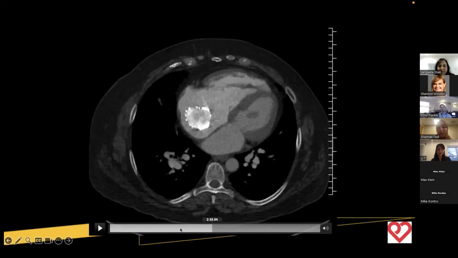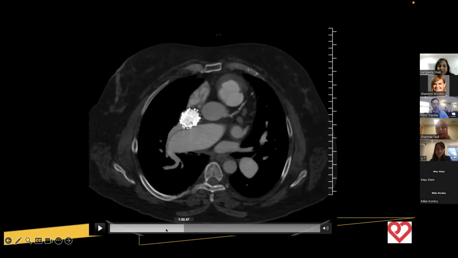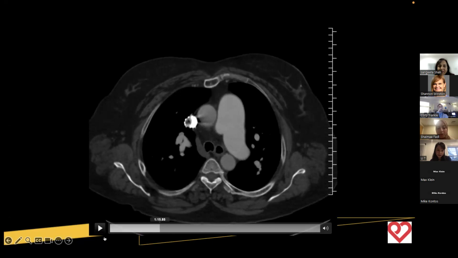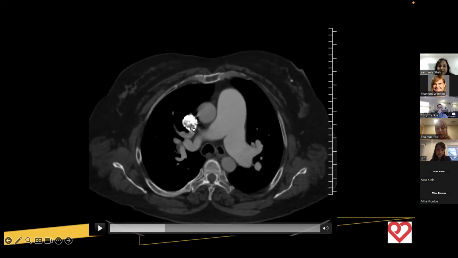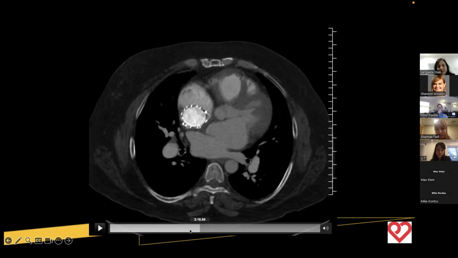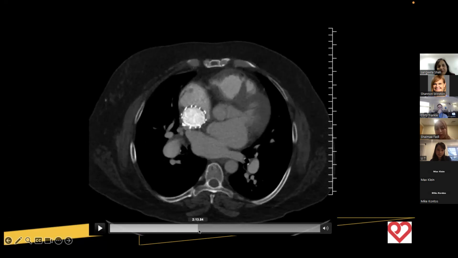At the same time, the uncovered stent is placed superiorly, and it allows the venous return from the right lung, like this vein here, to go to the left atrium, or allow some drainage to the SVC as well.